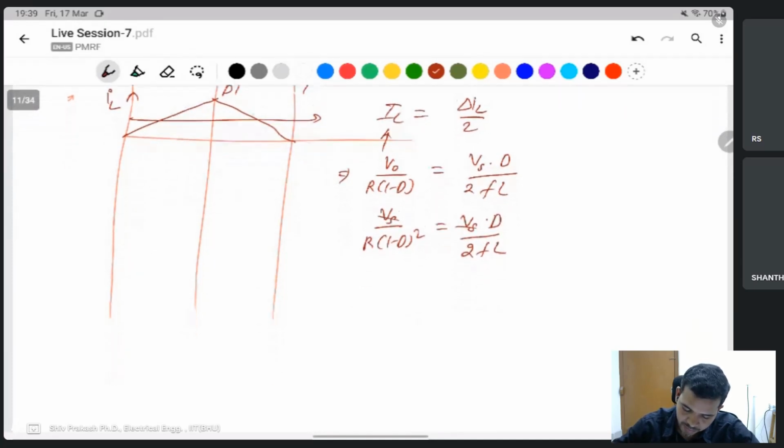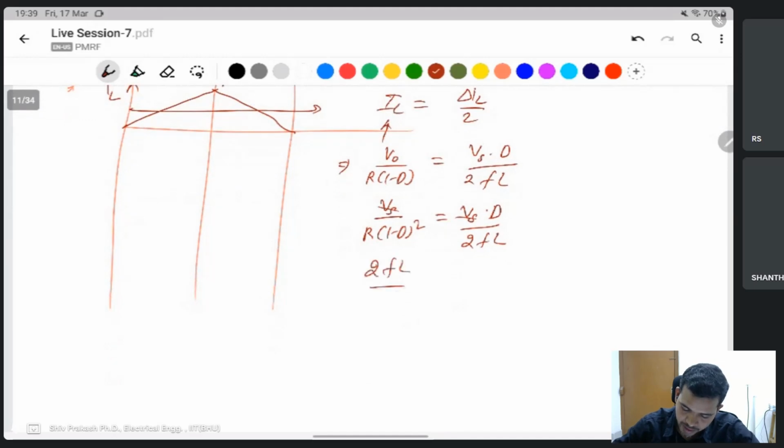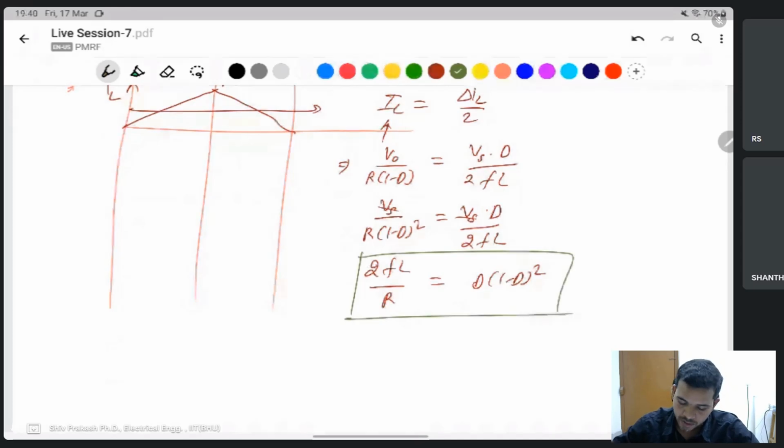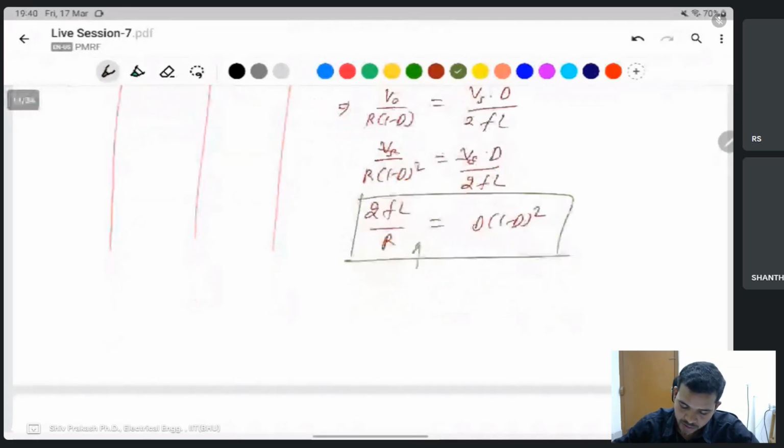Vs cancels out. 2 FL by R is equal to D into 1 minus D squared. This is the condition of continuous or discontinuous conduction. If you take this one as K, this is the critical condition of duty ratio.